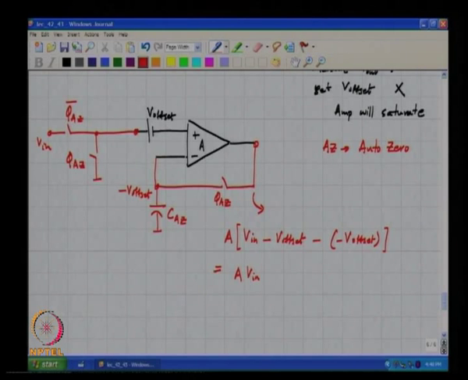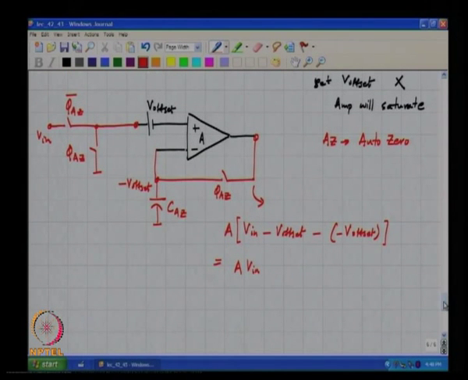I mean, another alternate way of doing this is to say, it is not necessary, as you can see, to attach V in here. One can also, where else do you think you can put V in and still get A times V in, save for a sign? Yeah.